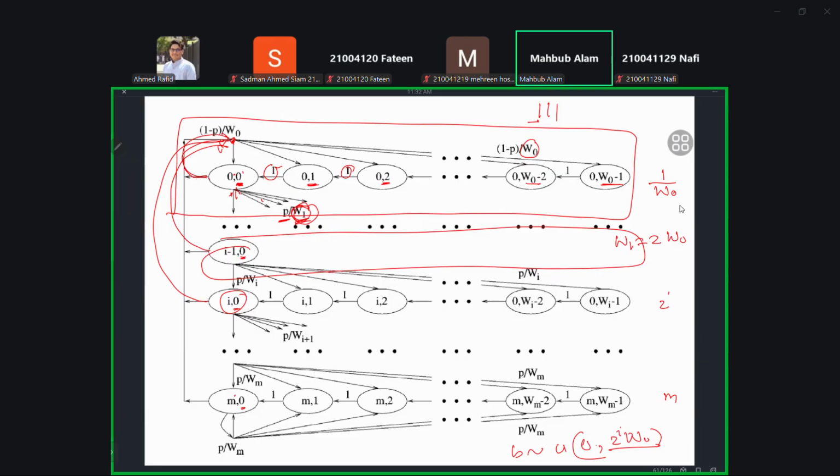After a successful transmission, it goes to here, and the backoff counter value is reset to W0. So i equal to 0, 2 to the power 0 equals 1, it becomes this. If a collision occurs, the value of i is increased by 1, the backoff window size is doubled, a random value is chosen, and the backoff operation goes on. So here we can have 32. In the second stage, we can have 64 states. And in case of m, according to 802.11, there can be 1024 slots for backoff slot values.